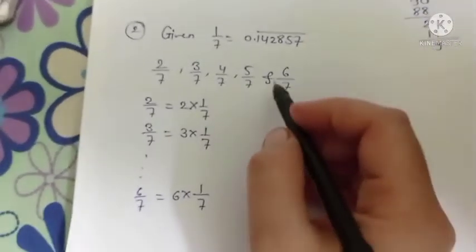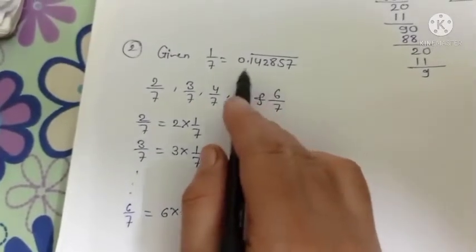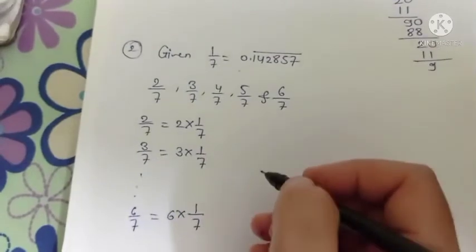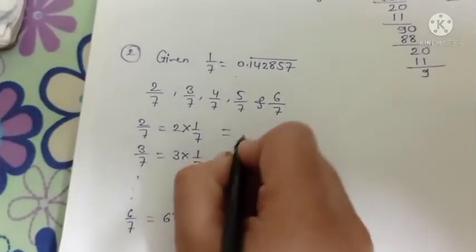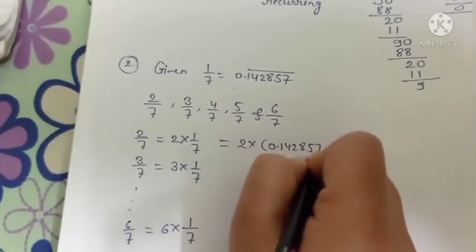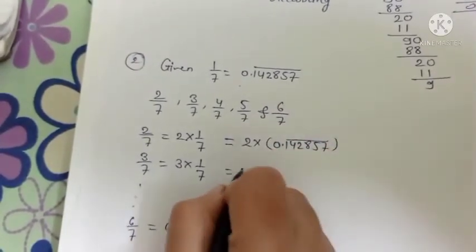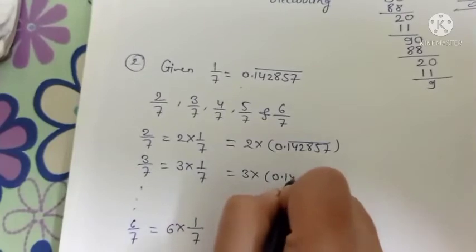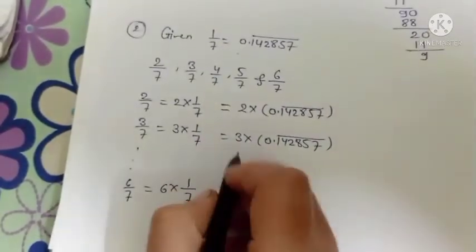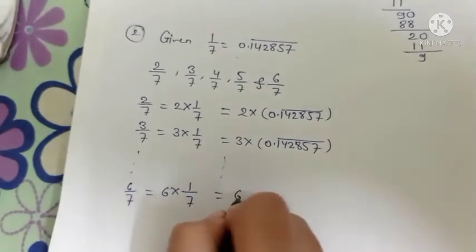Then this decimal form is also a multiple. So we can write 2 into 0.142857 bar, 3 into 0.142857 bar.